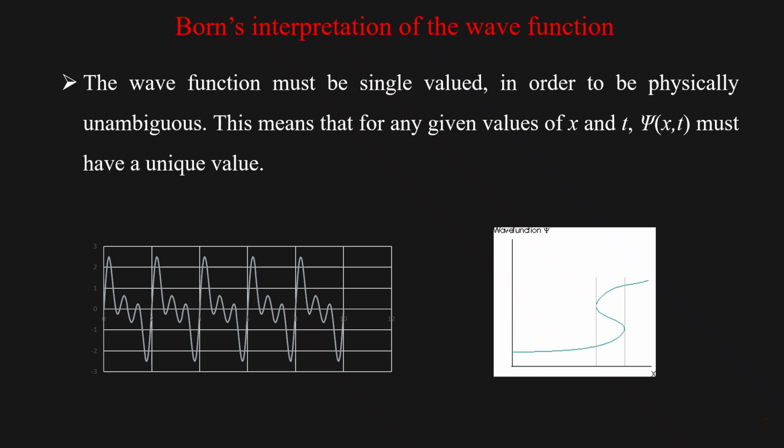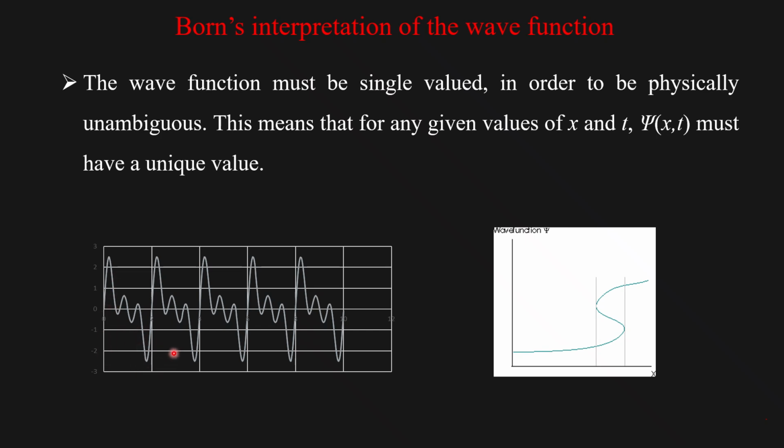Some more important properties are: the wave function must be single valued in order to be physically unambiguous. This means that for any given value of x and t, psi of x and t must have a unique value. You can see the diagram.